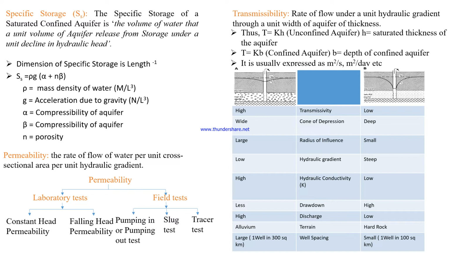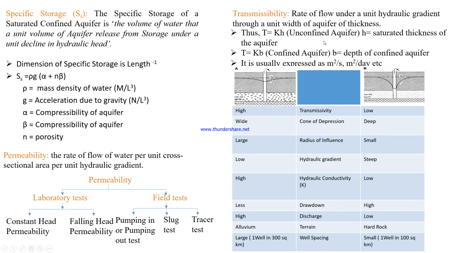At some distance there will be an observation well. You collect the sample and analyze how much time it has taken from one point to the other point, and the distance, meters by time. You will know the velocity, and per unit hydraulic gradient you will know the permeability.